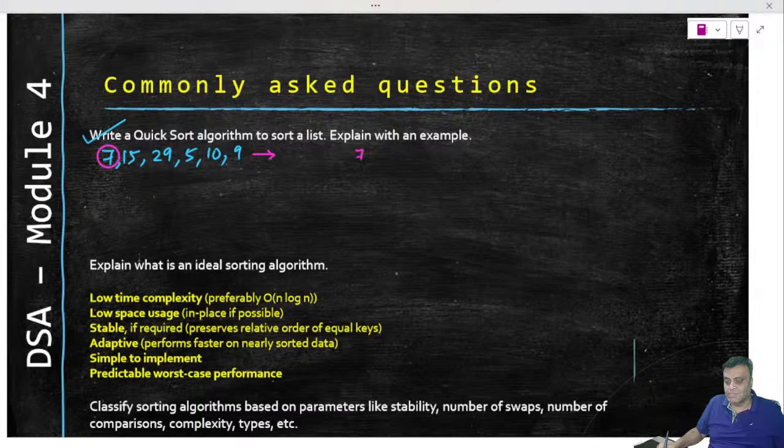To the left of 7 will be 5, and only 5 will be there, and to the right you will have 15, 29, 10, 9. It may not be in the proper sequence. Unless you do the example, the sequence will not come out, but they have asked only for an example.